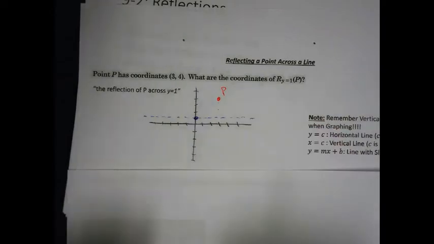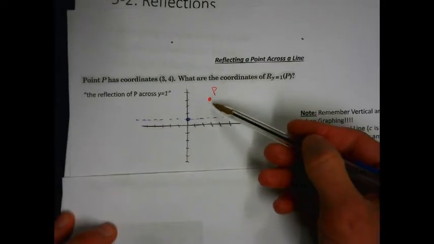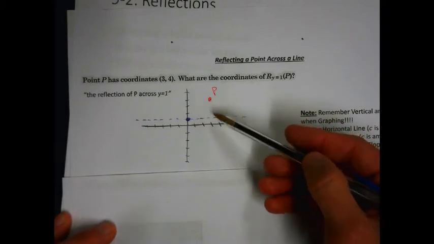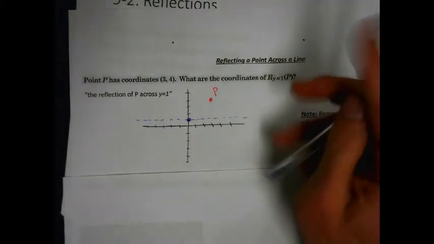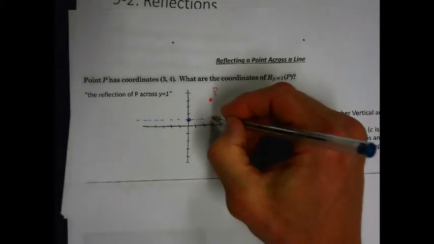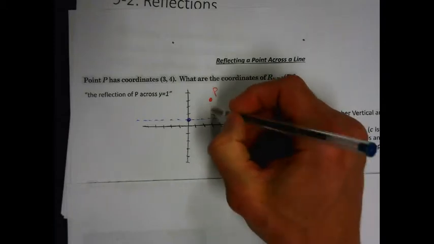So remember what a reflection is. It's a flippity dip. So we're going to flip the P, reflecting that point across the line of reflection. How do we do that? Simple. Count. Dudes, count. How far is point P from the line of reflection? It's going to come straight down the line.